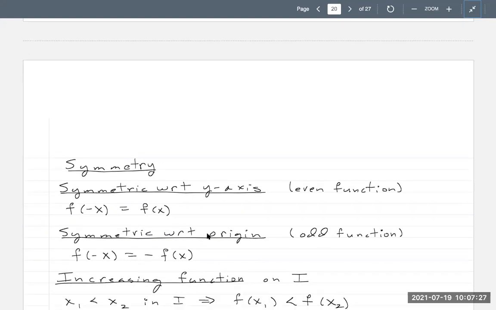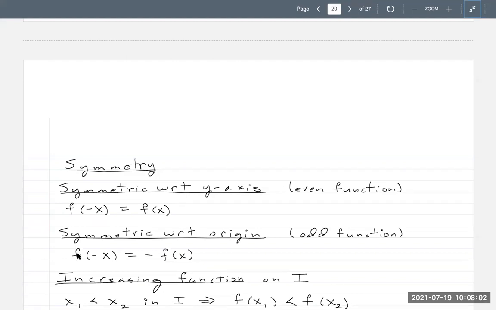Next, suppose I have a curve in the plane that passes the vertical line test and is symmetric with respect to the origin. Then the ordered pair (-x, -y) is on the curve whenever (x, y) is, meaning that f of negative x is equal to negative f of x.